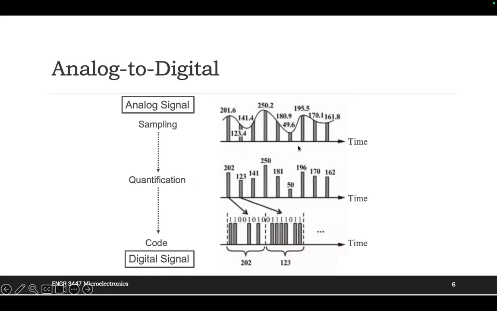After you sample, you get this value, this value, this value, which means your signal should become this one. It's not the original one. It's just the red line. But it's similar to the original one, am I right? It can represent the original one. That makes sense to you?